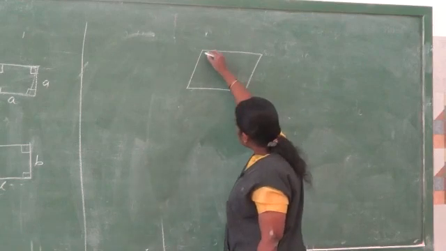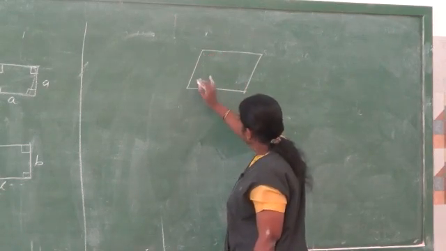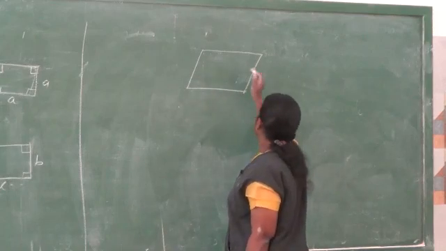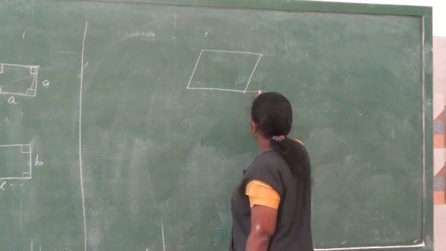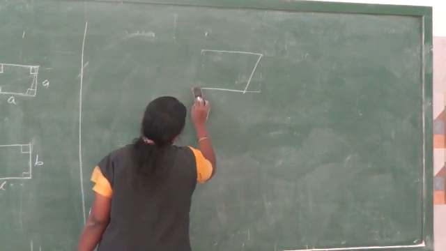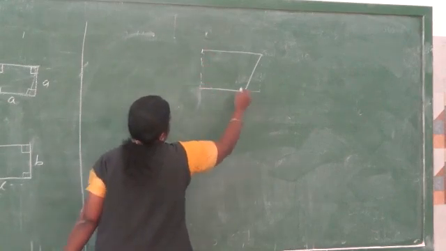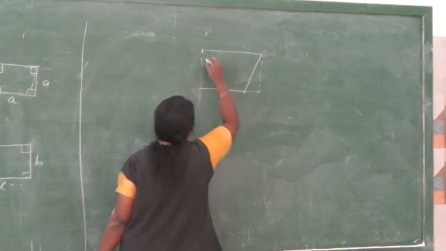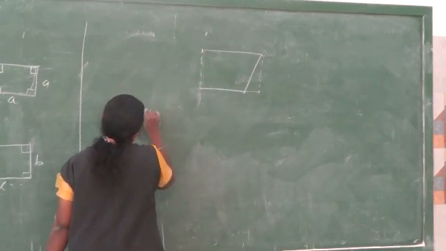Now I am going to draw one perpendicular line. Now I am going to cut the triangle and paste it on the other side of the parallelogram. If you are pasting, what is the shape you are getting now? That is a rectangle.